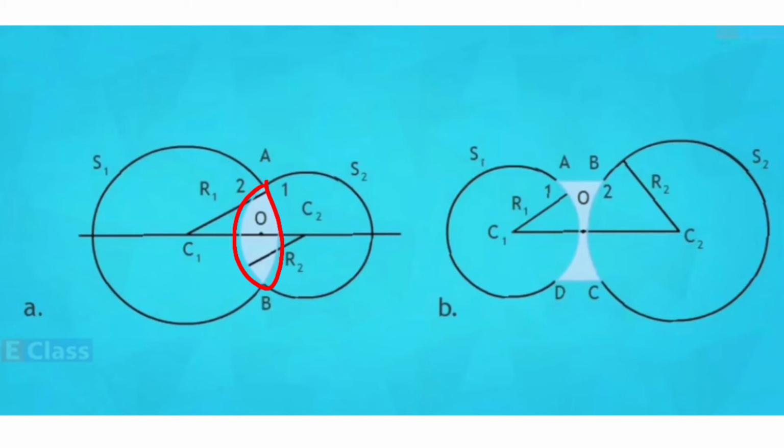So this is nothing but the lens. You can see the lenses in this diagram A as well as B. Here we have the sphere S1 and the other S2, and it is the cross section of it. Now by understanding it, let us understand the various things related to it.